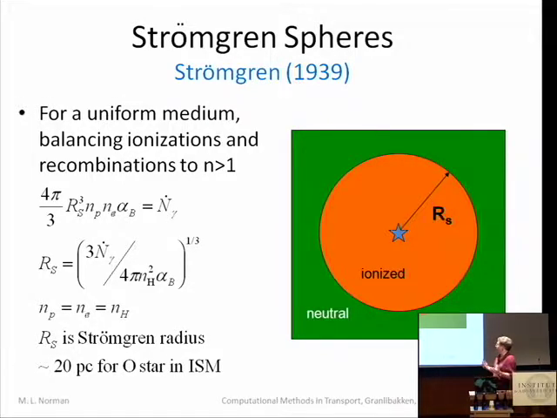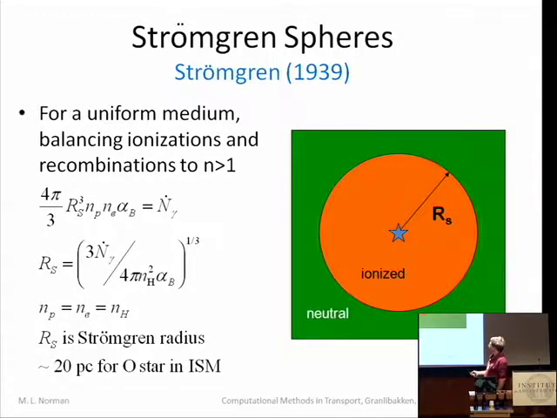Okay, well, we all know about Stromgren spheres. It's probably the first calculation we do when we take a course on the interstellar medium. So, to remind you what that is: consider a point source of ionizing radiation in a uniform medium. It will inflate an ionized sphere of radius r sub s. You get that by balancing the recombinations inside the sphere.